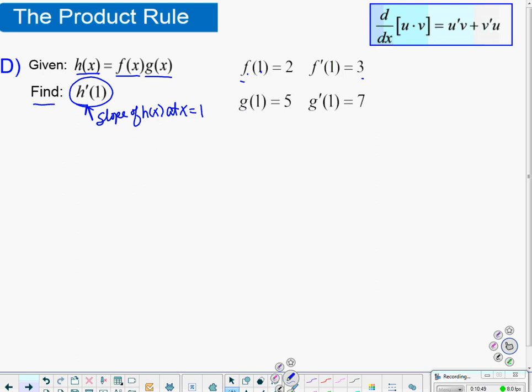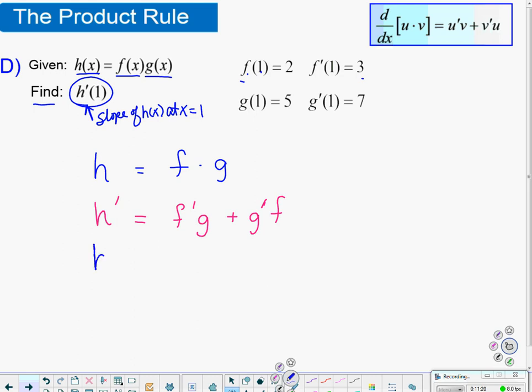Okay, so let's start out with H of X, just rewriting that statement up above, F times G. I'm just going to shorten it up so that I don't even have the X's involved. How about that? Let's talk about doing the product rule. H prime will be F prime G plus G prime F. Notice how each function gets a derivative taken at some point.